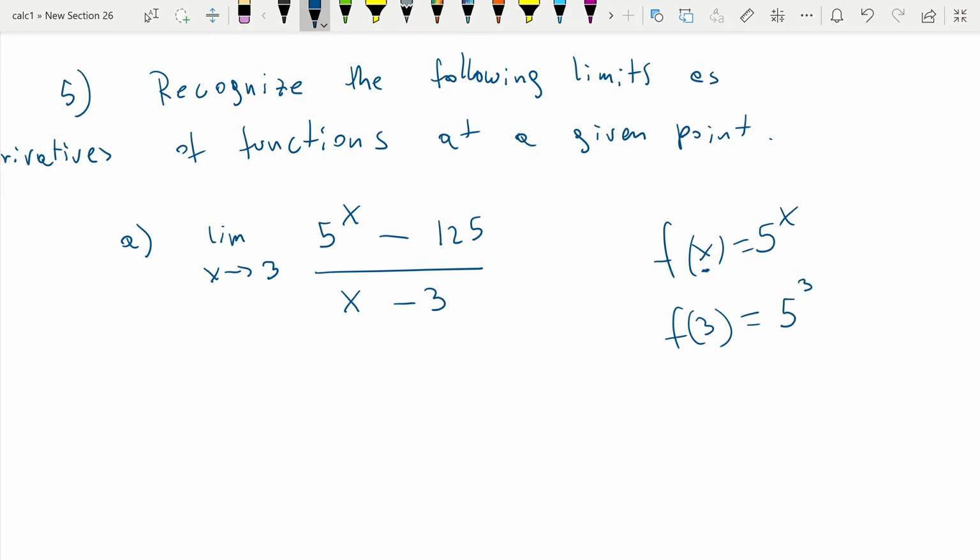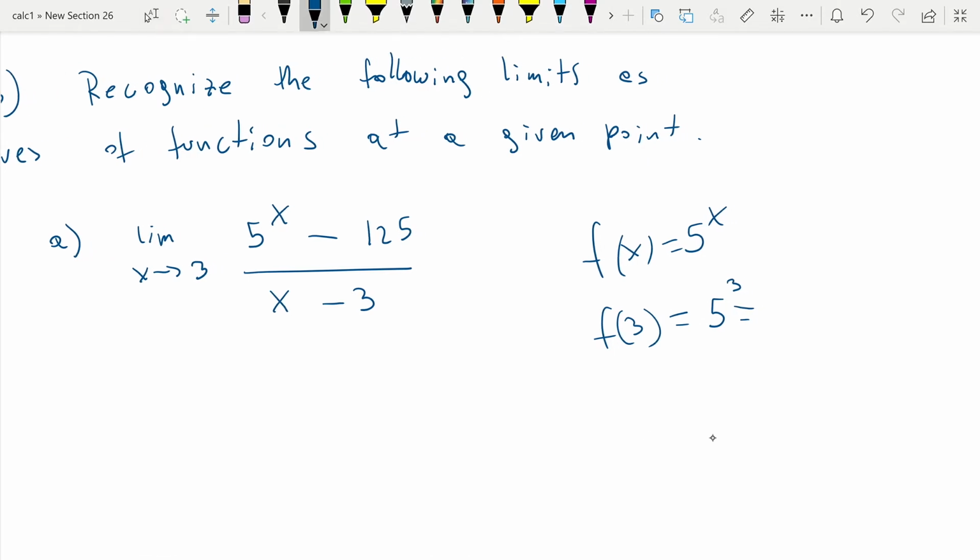Remember, we plug what we have here, so 3, in the expression for f of x, up here. So that gives us 5 to the third power, which is 5 times 5 times 5, so 25 times 5, which is 125. So this up here is 5 to the third power.